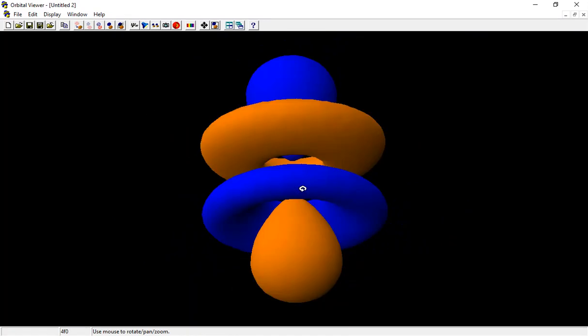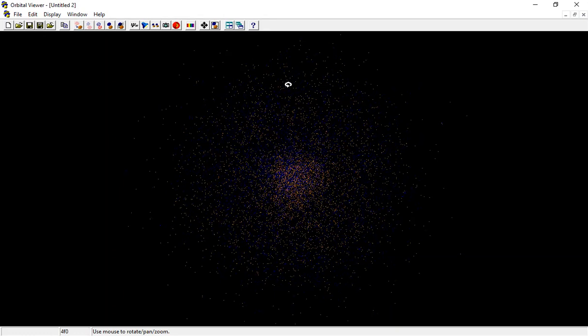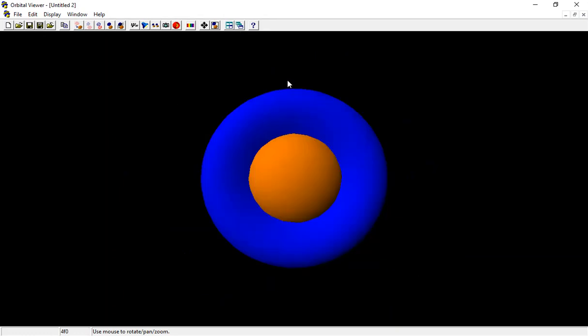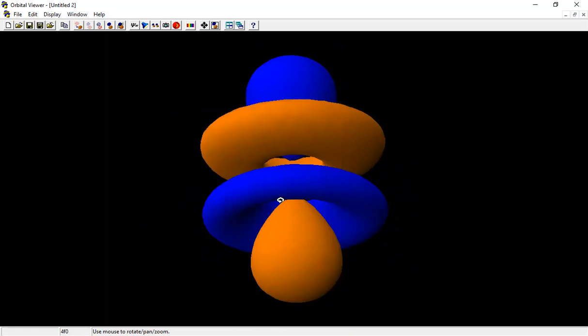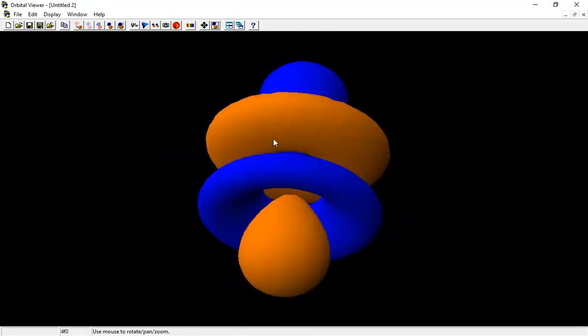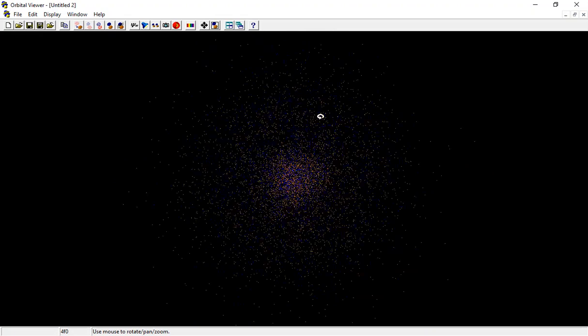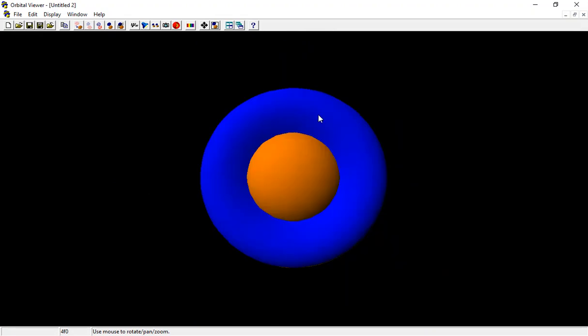Now it's pretty weird looking, right? It looks nothing like the Bohr orbits, in my opinion. You know, obviously there is still some carryover, but it looks quite different than an orbit, right? It's really just representing a three-dimensional volume of space where the electron has a high probability of being found if it has the 4f orbital energy.